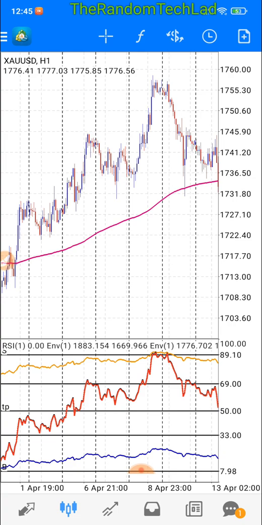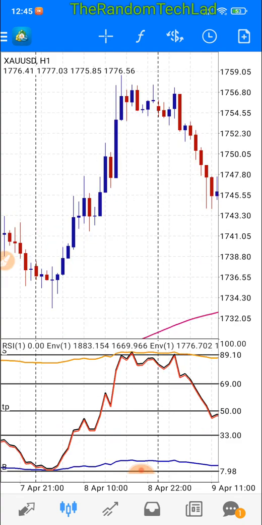The indicators that we'll be using are the envelopes, the RSI and the moving averages. We only take a sell when our envelope, sorry, not our moving average, has gone to a level of 89.10 on the RSI.